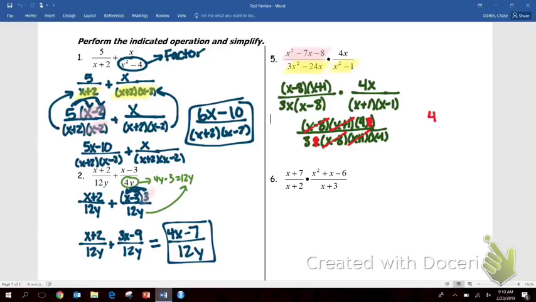So whatever doesn't cancel out is my answer. So multiplying, we factor absolutely everything we can, and then after we factor everything we can, we simplify.